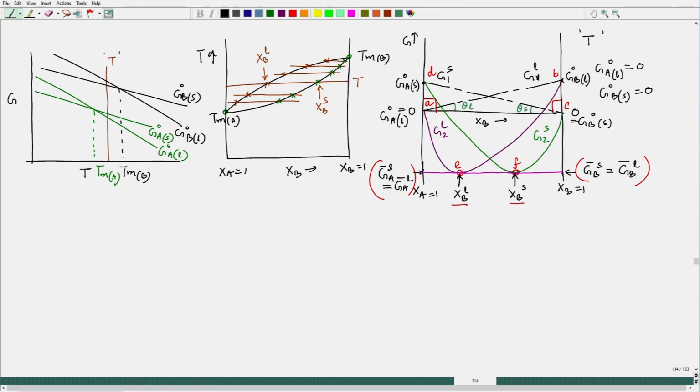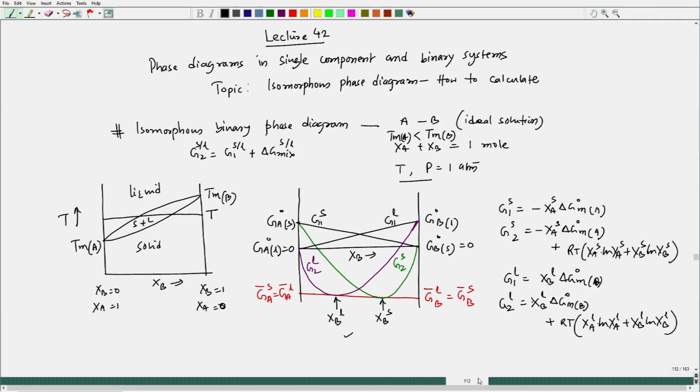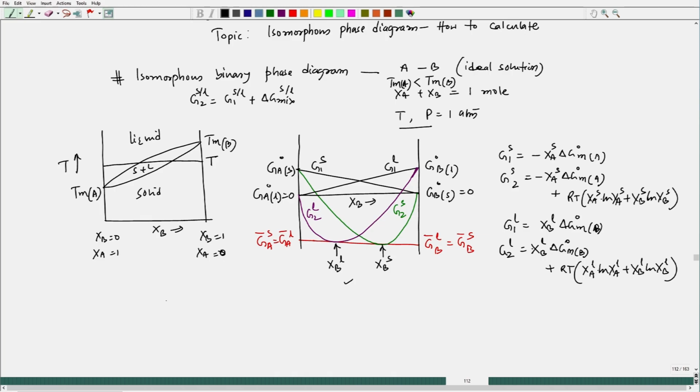So the same conditions are to be applied, and for equilibrium conditions, we can get Ga bar solid should be equal to G2 solid plus XB solid, G2 solid, Ga bar liquid should be equal to, let me write it down.